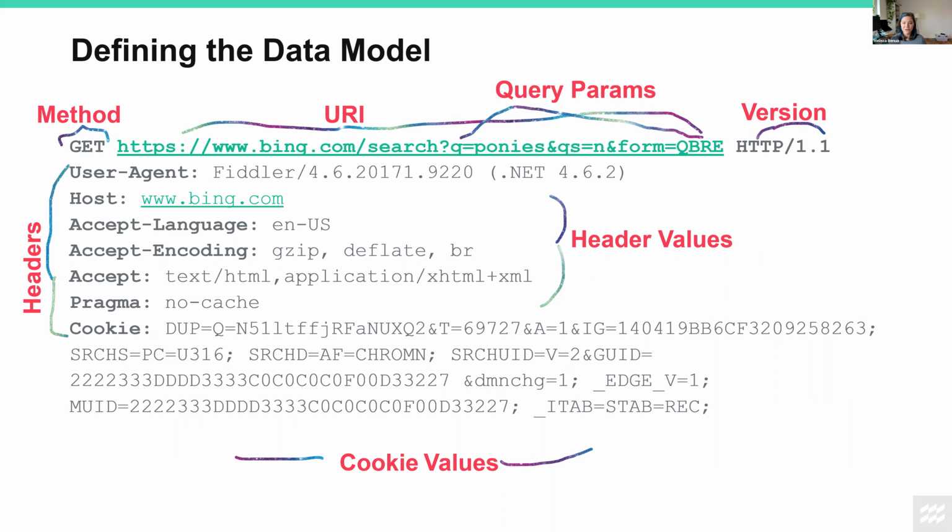Even within headers, the cookie header has a specific format on top of that. The cookie format is ampersands and equal signs separated by semicolons, which is necessarily different than an Accept header. And so knowing the data model of all of these things is what's going to let you be really, really effective.